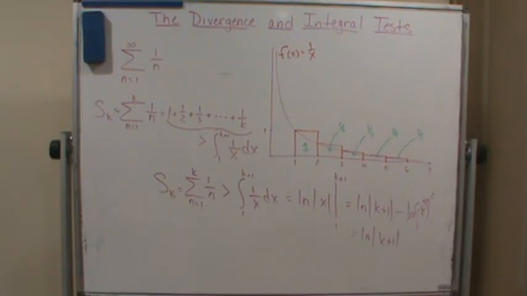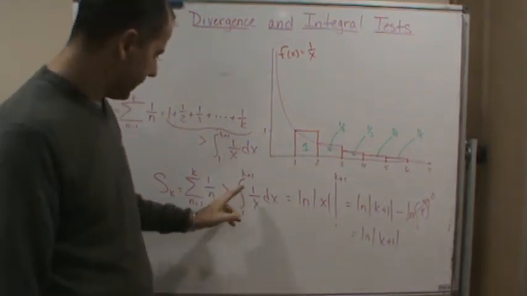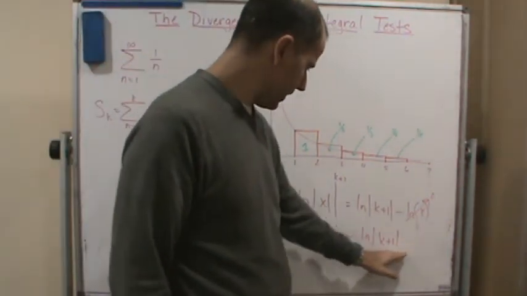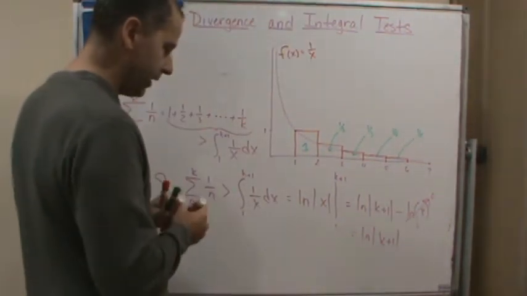So what do we do with that? Well, now all we have to do is take the limit. So we're going to take the limit as k approaches infinity. Well, what happens to this as k goes to infinity?